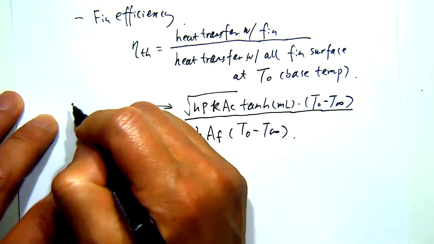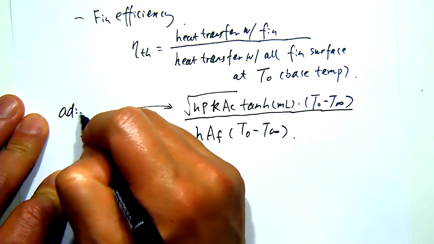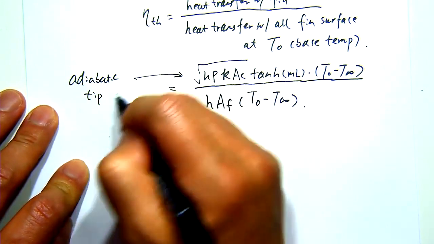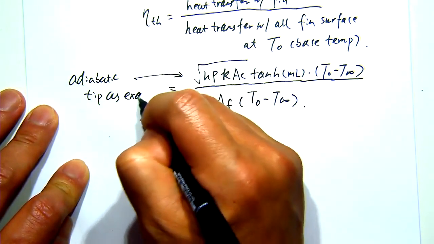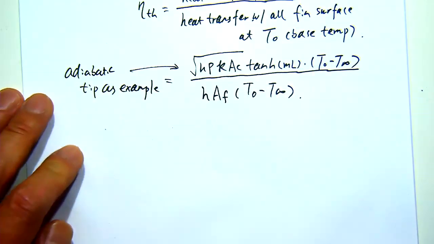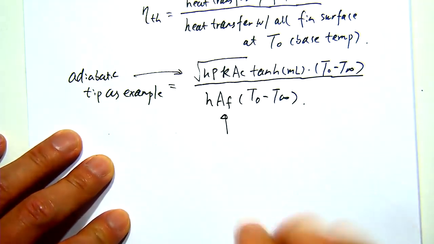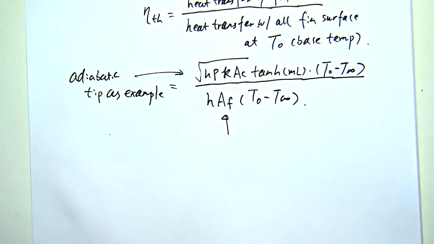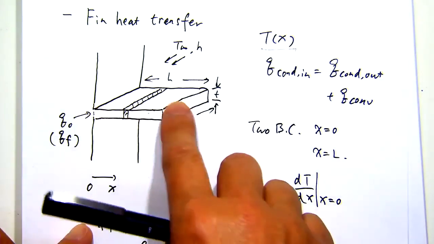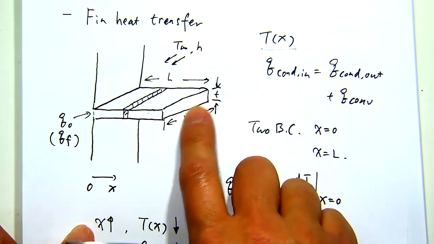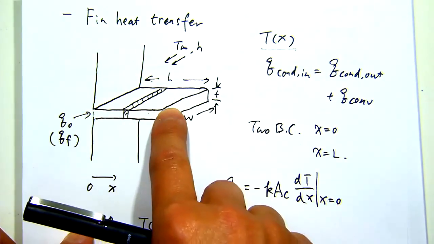Again, that's the adiabatic tip as an example. All right. So the fin surface area we can express a little bit further. If we consider the fin surface area here, we can use the parameter P, the perimeter, times the length.